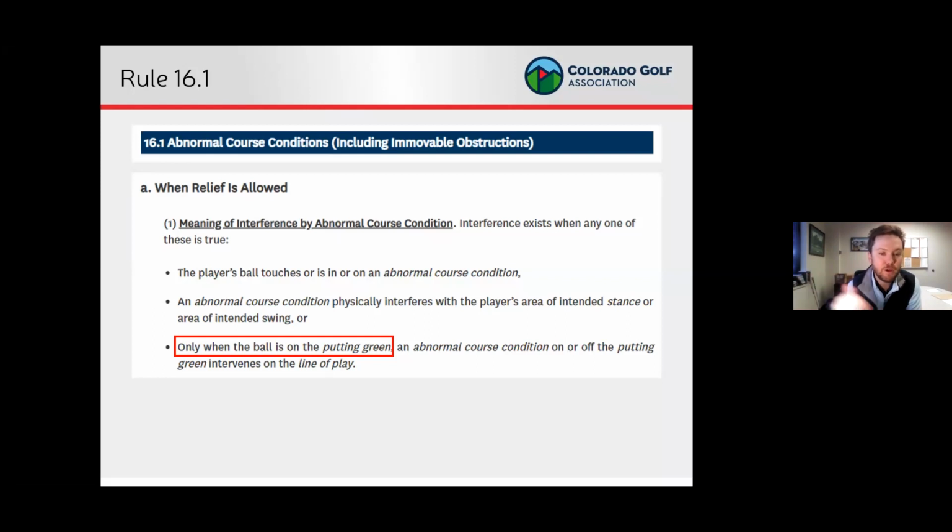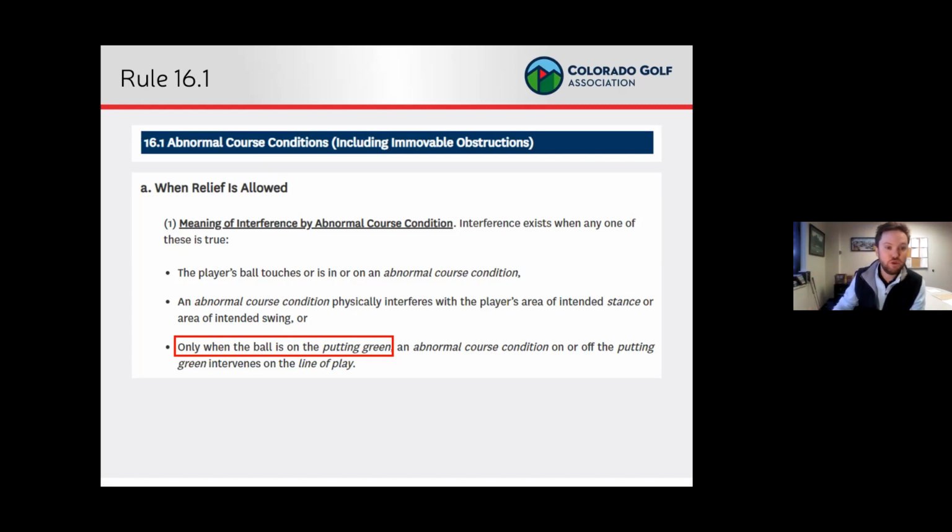And notice here, it says an abnormal course condition on or off the putting green. So in a very rare situation, you've got a really big putting green that's got a lot of slope to it. Maybe you have to putt into the fringe a little bit, and when you putt into the fringe, there's a sprinkler head there. Even if it's not on the putting green, if your ball is on the putting green, you have to putt through that.